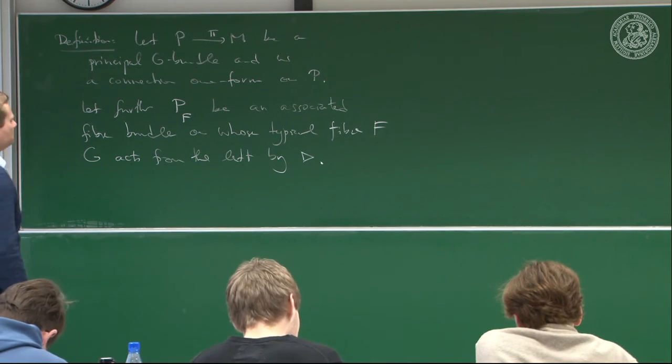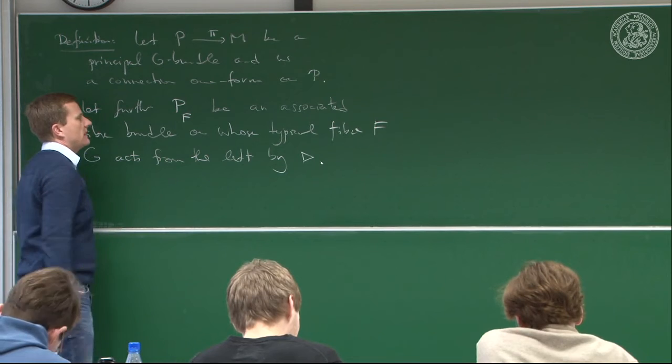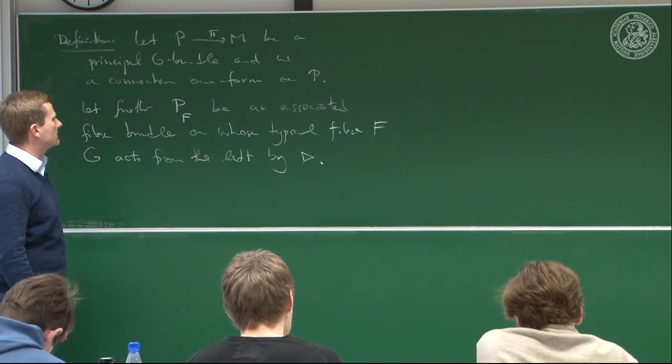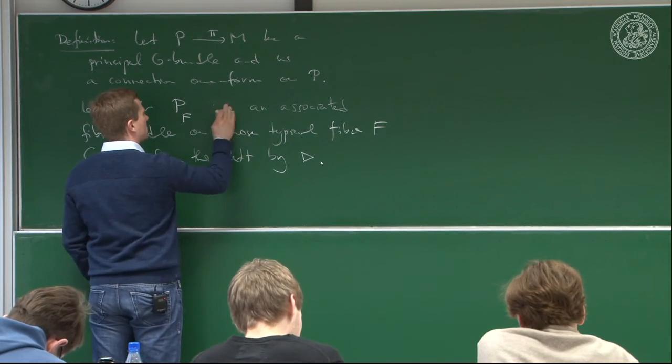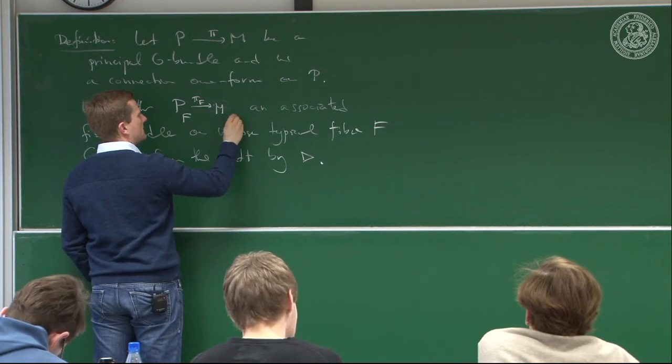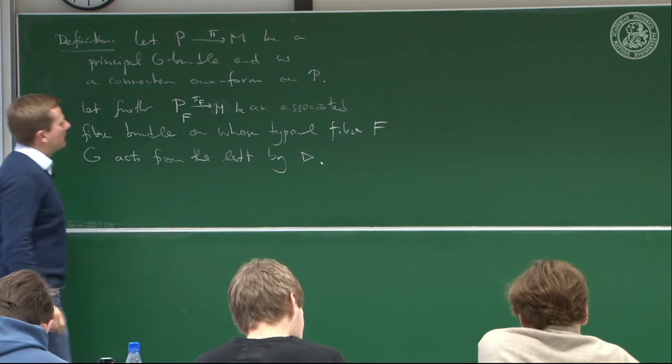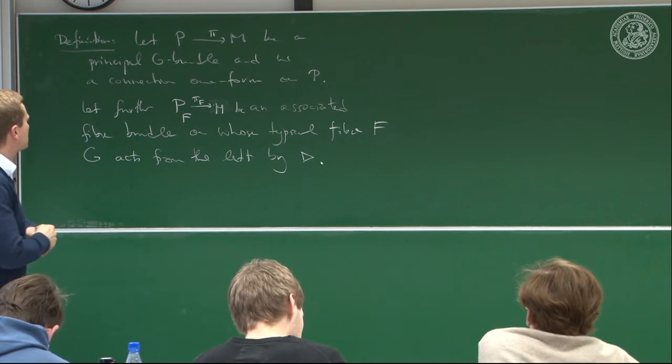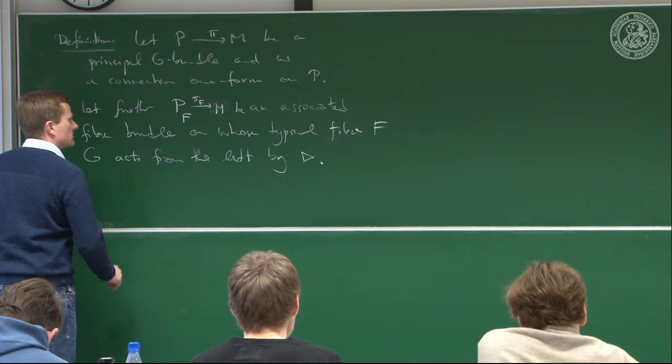So remember the total space of the associated bundle. So I should actually complete this. So there is a map pi F that goes to the same base space. And you remember how this total space was constructed.